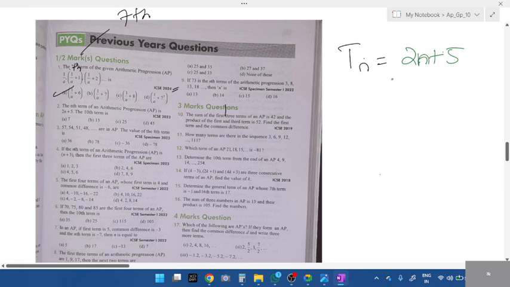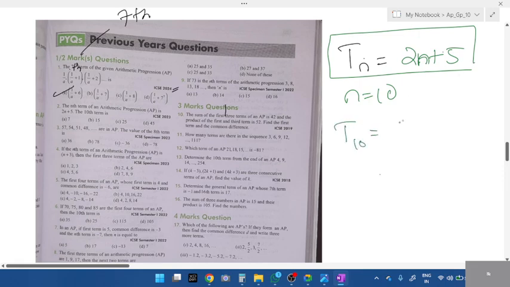Then for the 10th term, in place of n, you have to substitute 10, students. In place of n, we substitute 10: 2 into 10 plus 5. 2 tens are 20, plus 5. The answer is 25.